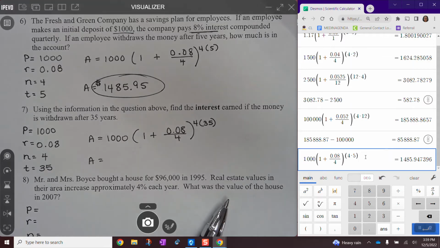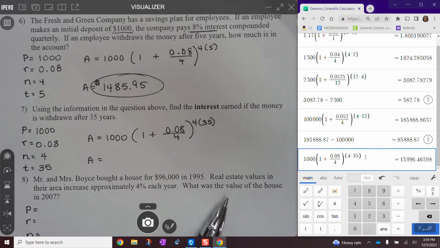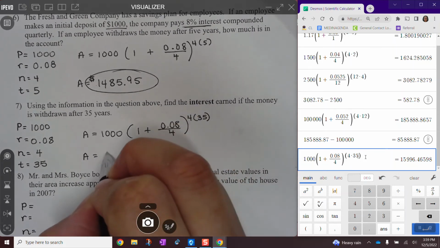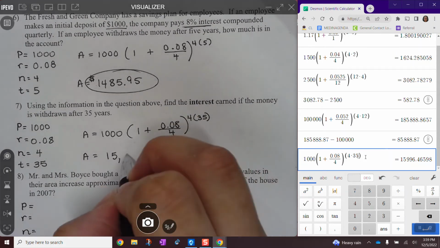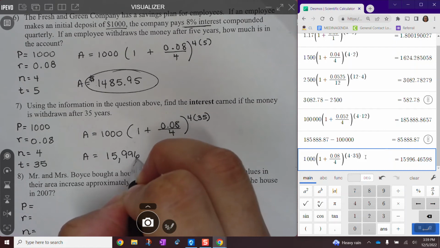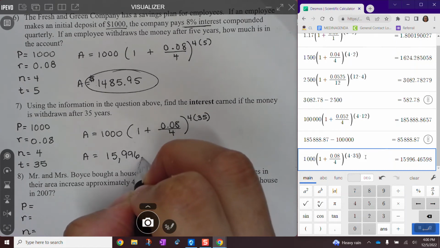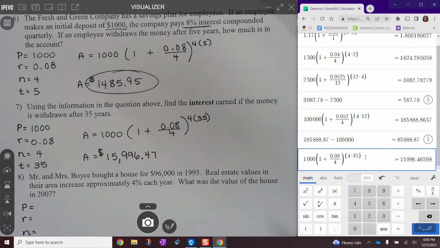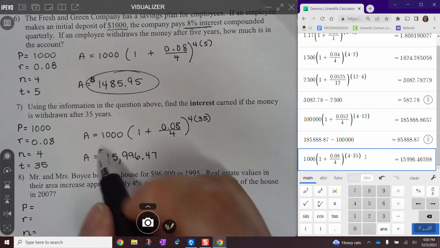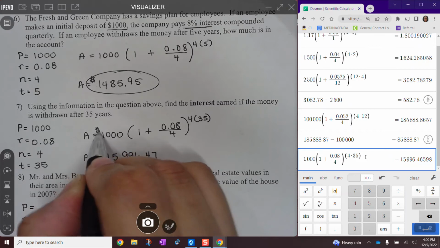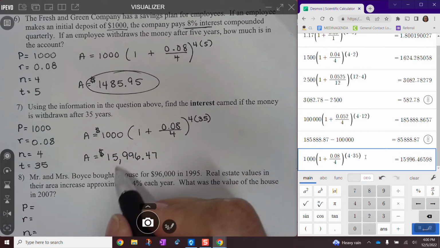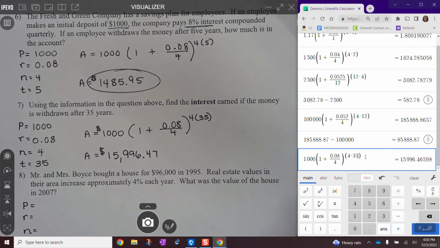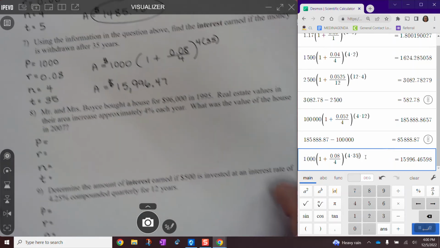Alright, so I'm just going to go to the calculator here, and instead of this 5, I'm going to have a 35. 15,996.47. Wow. It's almost like you lost $1,000 in your closet, and then you found it 35 years later, but now you had almost $16,000. Interest magic.